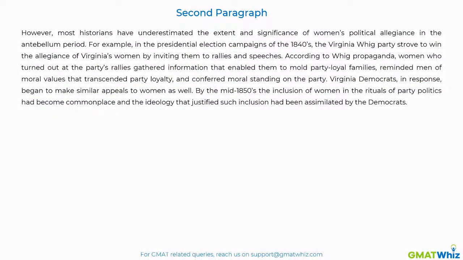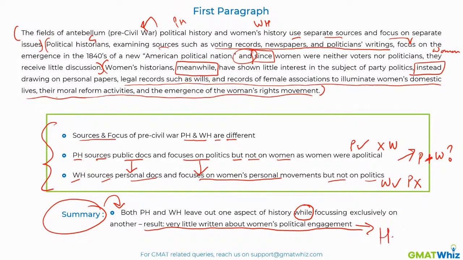The next paragraph starts with however, which means this however has to be linked back to this. So I'm thinking, okay, despite the fact that none of them wrote about women in politics, each of them had different areas of focus and source.